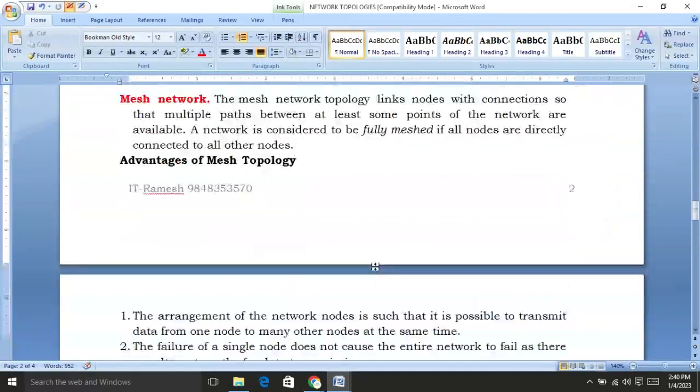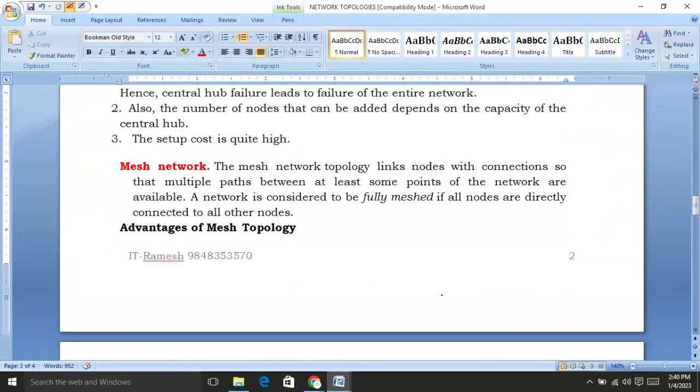The next one is the mesh topology. Let us consider the mesh like this. Here one node is there, another node is there, another node is there. At each and every point and each and every junction, we consider a node.